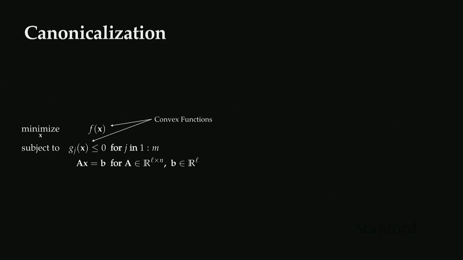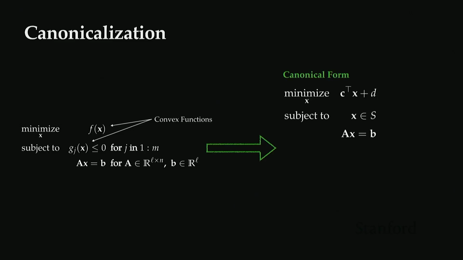The cool piece here, I think, is canonicalization. So how can a library take all of these different things and then convert it to one form that you can then send off to solvers and just have them solve? That's very, very cool. So how do we take something that looks like this, or has our more general constraints from the last slide, and convert it to the canonical form, which is going to look like this.